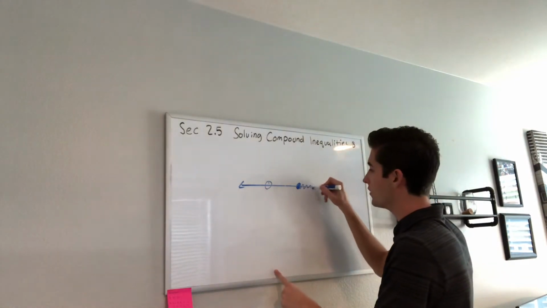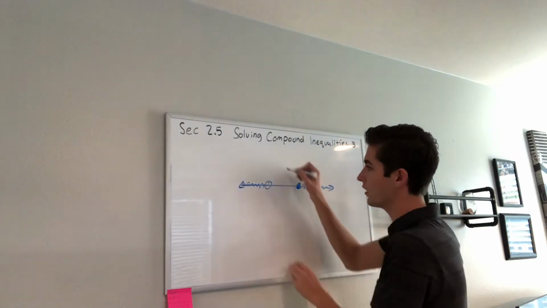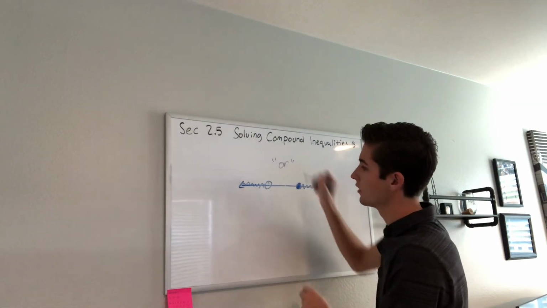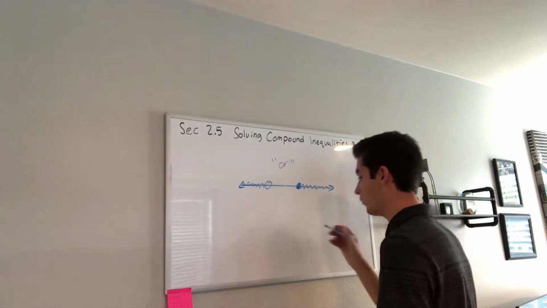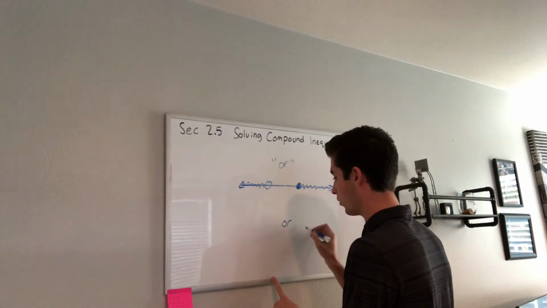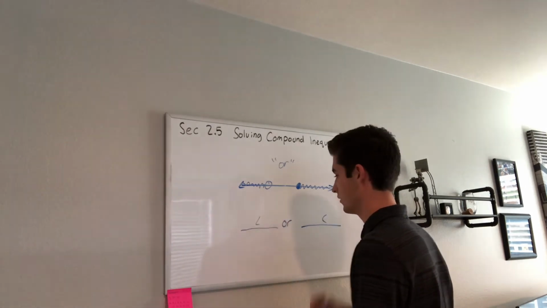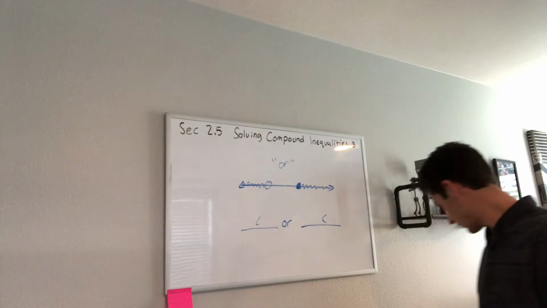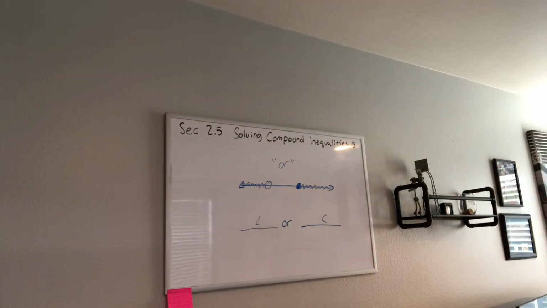And they will always point in opposite directions. So this is always what an OR graph looks like. When we write the inequality, it will always have the word or in 2 separate inequalities, and it will always look something like this.